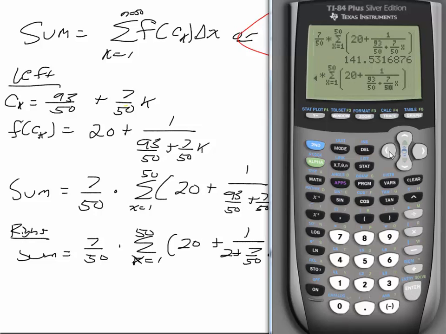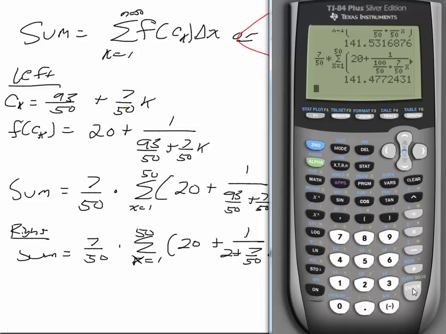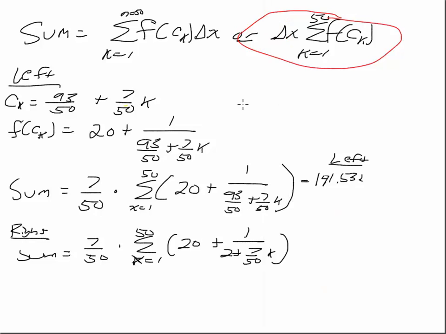Since this is just 2 plus 7/50ths K, I'm just going to make that 100 on top, because that's the same as 2 plus 7/50ths K. Everything else is the exact same. I let that run, and I get 141.477.